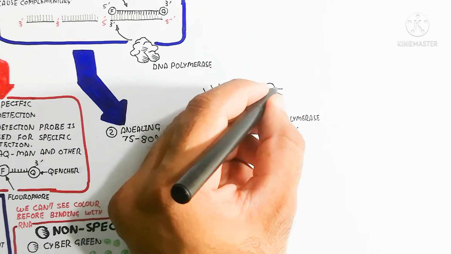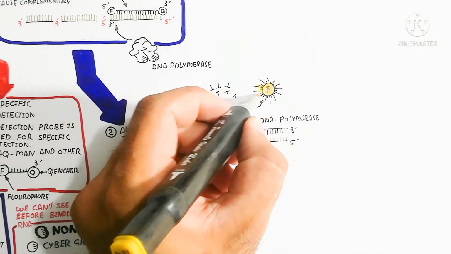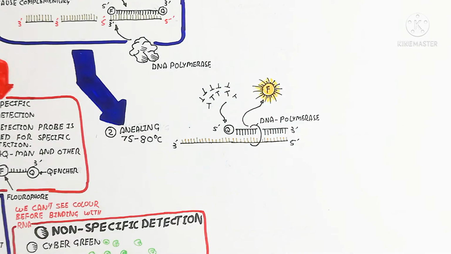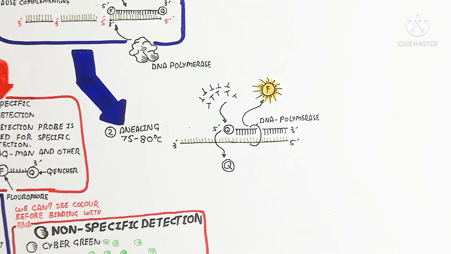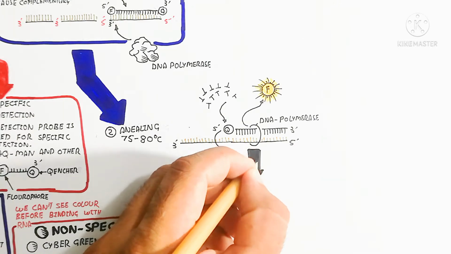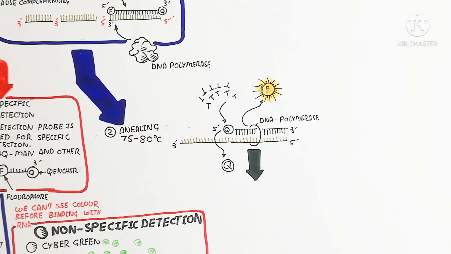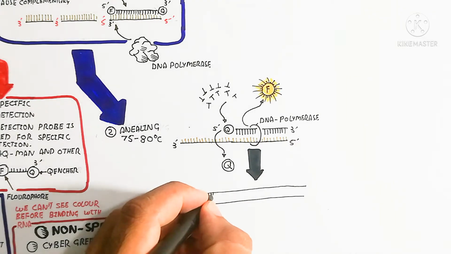That produces color, and the color can be of different types, showing the detection of the specific genome. For example, we are checking the insulin-producing nucleotide bases, so we attach a specific primer for detection of the insulin-producing gene, which will produce the yellow color.